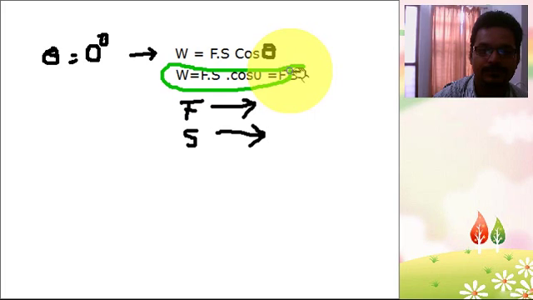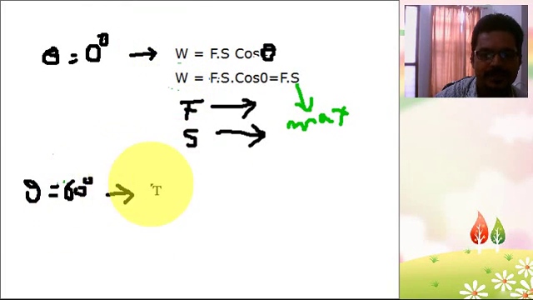It is. So max work done. One more case study. If theta equals 60 degrees, what is the amount of work done? So let me write, W equals F into S into cos theta, cos 60.